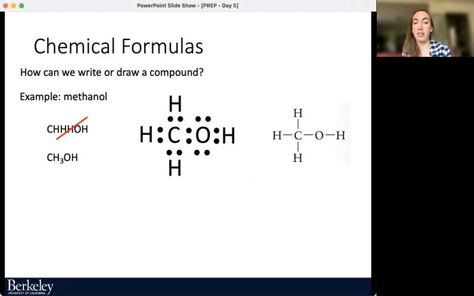So that subscript 3 means there's 3 hydrogens in a row that I'm just not bothering to write out. So I'm just going to pause here for a second. All 3 of these things that I've drawn here mean the same thing. So CH3OH represents this, which also represents this. These all represent the same compound.